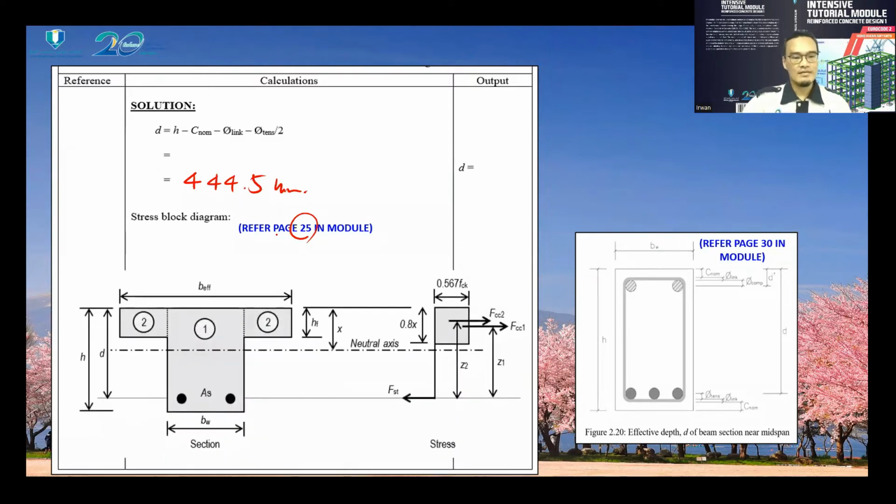For this case, you can refer to page number 25 in the module, where we consider the existence of the flange. This is the section. We have a flange at both the left and right sides of the beam, and this is the stress block. We have to consider the FST, of course.